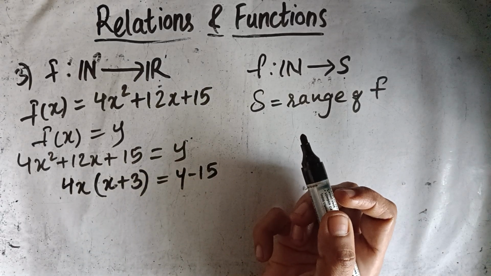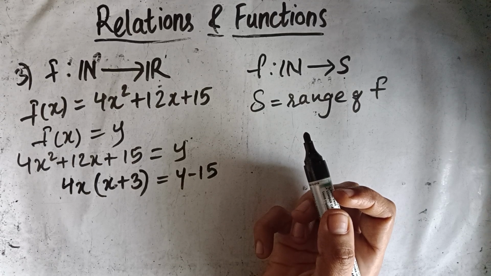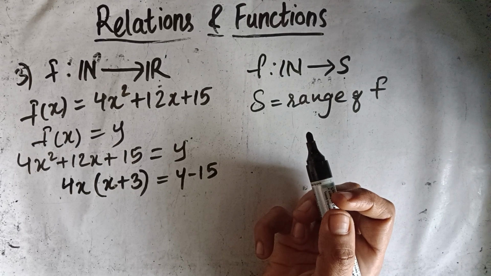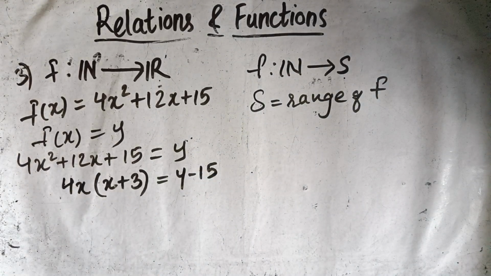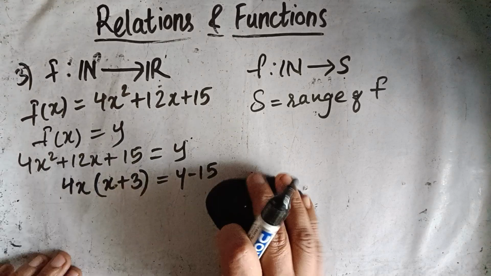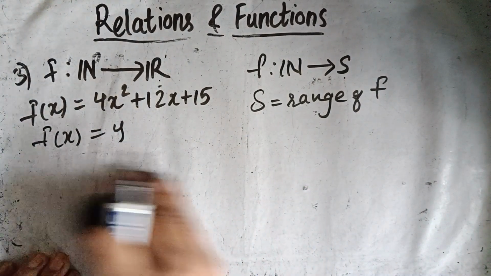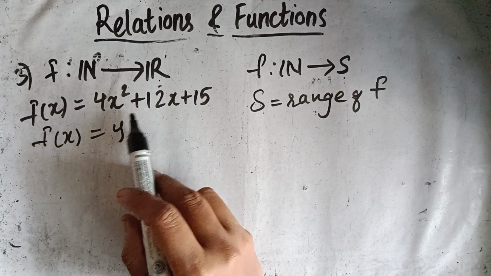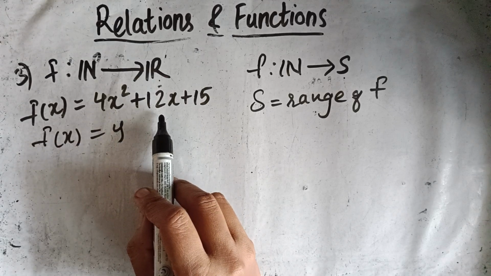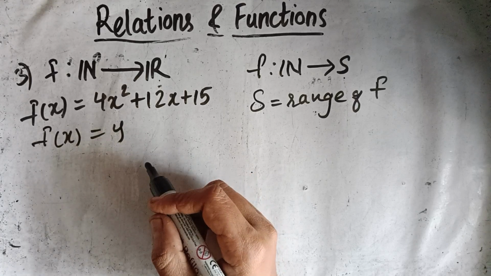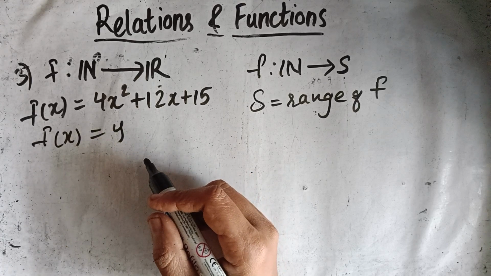How to find x, right? You have to write it in terms of a plus b the whole square type.